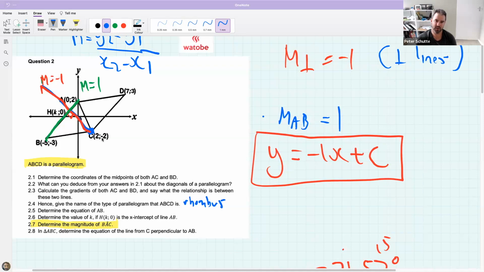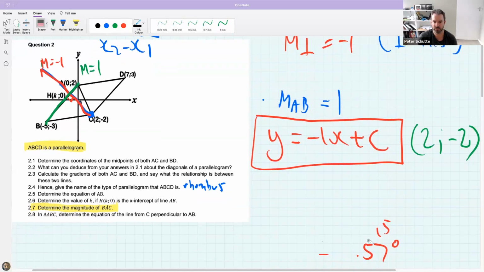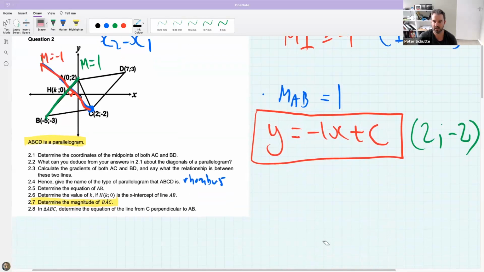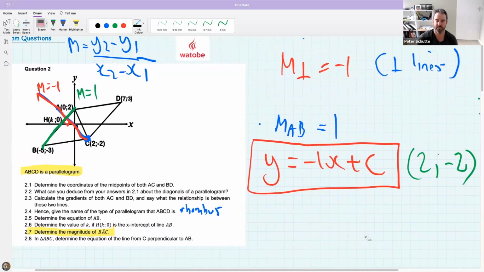So if I look at what point I need to use, the point I'm going to use is a point on the line. So the point is (2, -2). And you have to sub that in order to figure out what C is.